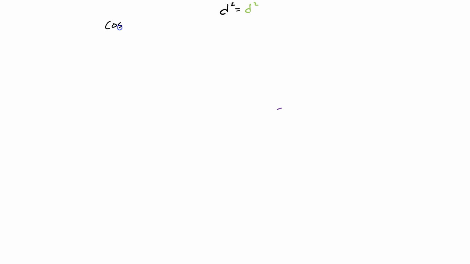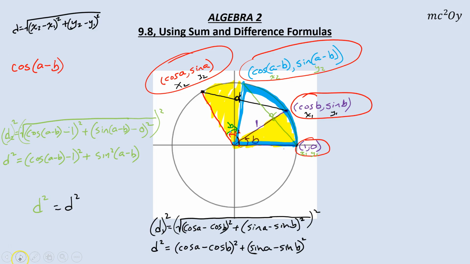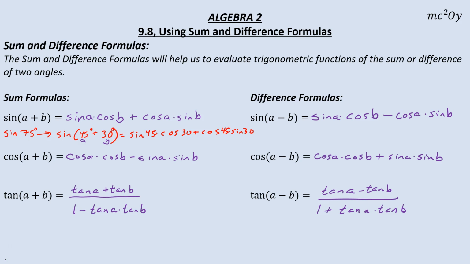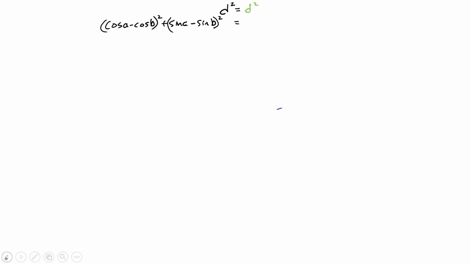This was the cosine of A minus cos B squared plus sine A minus sine B squared. Okay, and that's equal to, just so that we're clear, I just grabbed this right here, right? And I'm about to grab this right here.